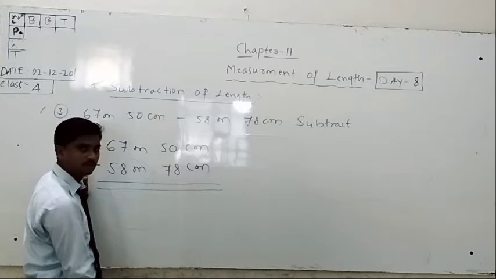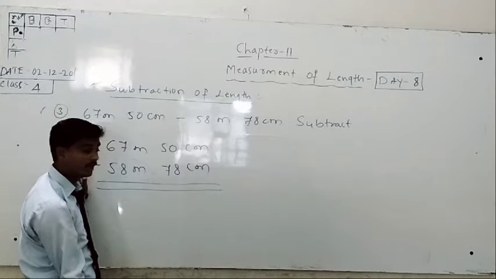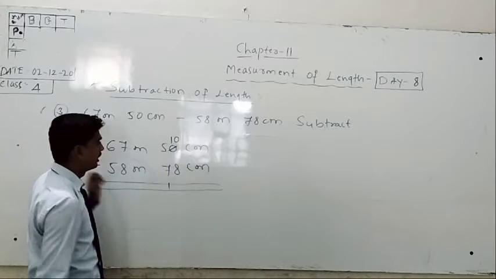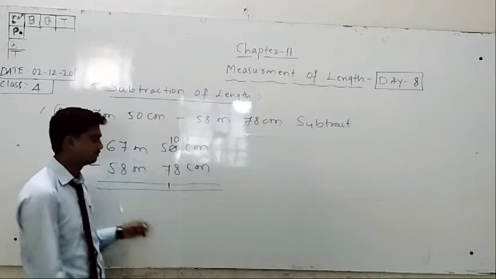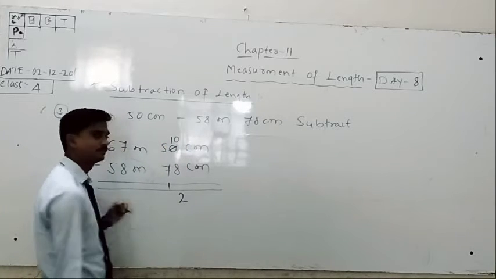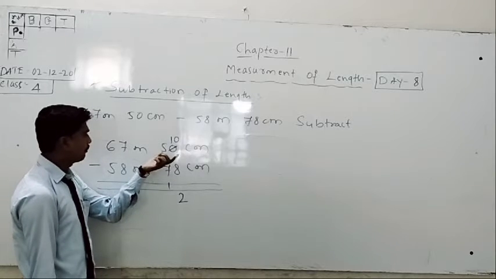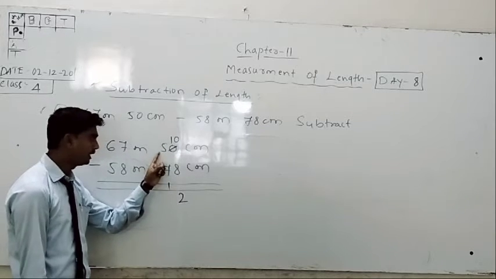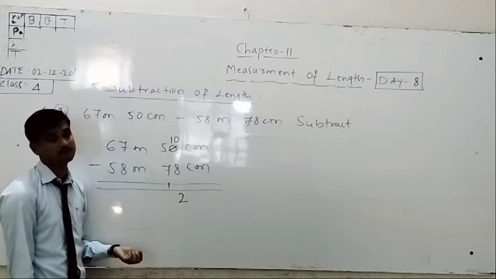0 and 8. 0 cannot subtract 8, so you take a borrow. Then it is 10. 10 minus 8 is always 2. Then 5 minus 7, it is also not possible because 5 is smaller than 7.